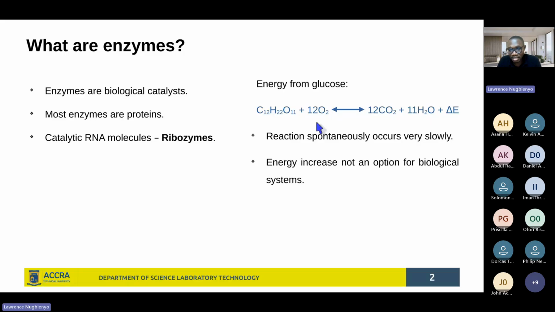So enzymes are needed for the sustenance of life, because the reactions occurring in us need to occur at a fast rate and be coordinated. If it's slow, it means our life cannot be sustained.